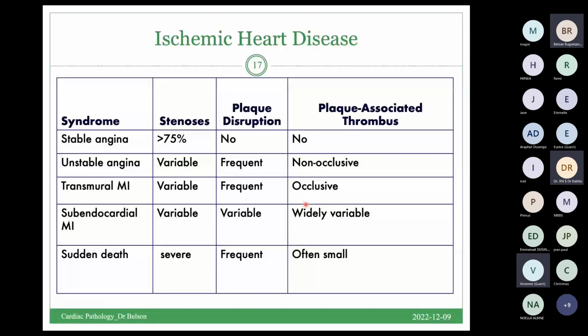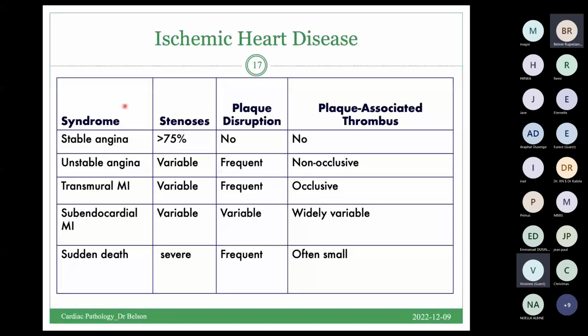So the syndrome in this ischemic heart disease, we have stable angina. Niyo stenosis yageze kuri yarenze 75%, ntabwo afite plaque disruption, nta nubwo afite thrombus or any other complications of atherosclerosis. So iki gihe ni stable angina, azagira ibimenyetso igihe gusa akoze exercice physique cyangwa se ateruye ikintu kimusaba ingufu icyo aricyo cyose.